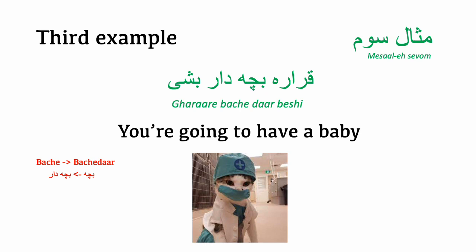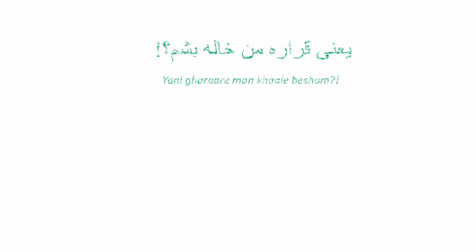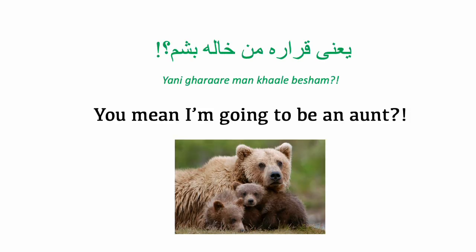The girl looks stunned and excited. Then her sister says, یعنی قرار من خاله بشم؟ You mean I'm going to be an aunt? Yani comes from Arabic. It's simply used to ask what something means, as in, yani chi? What do you mean? What does that mean? Khale means aunt.